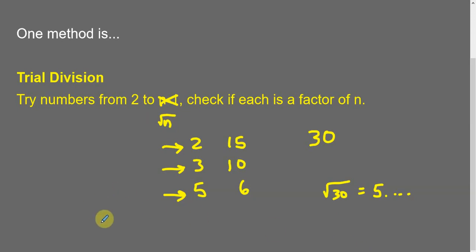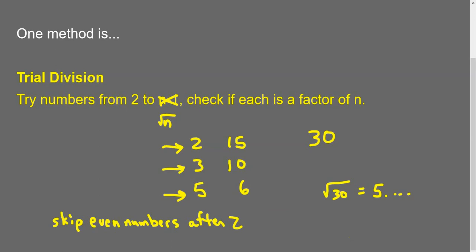Other things you can do are simple things like after 2 you do not have to check even numbers. So you can skip even numbers after 2, right? Because if 2 doesn't go into it, then any other even number won't go into it either.